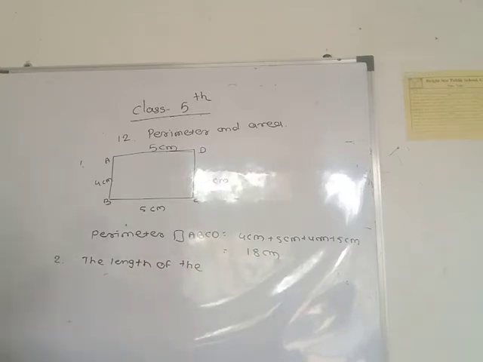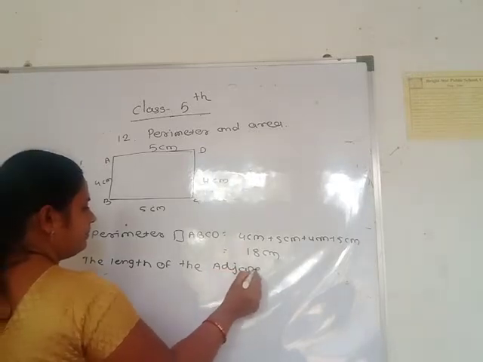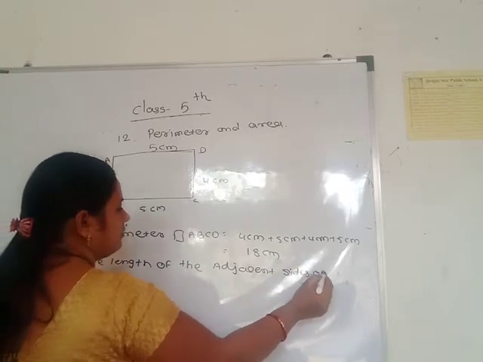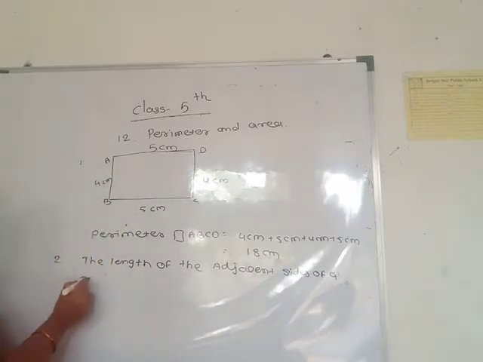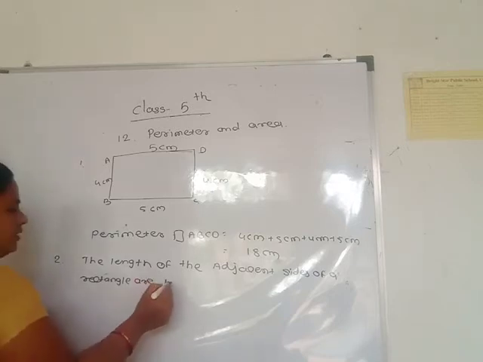Second one, see, the question is given: the length of the adjacent sides of a rectangle are 10 centimeter and 7 centimeter.